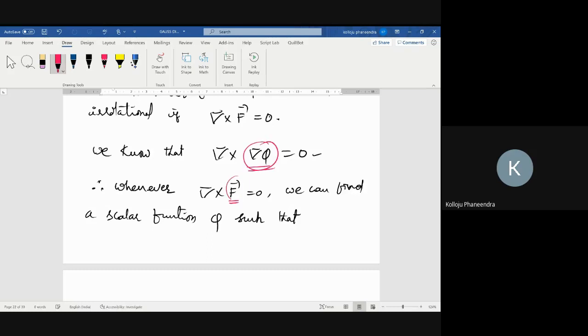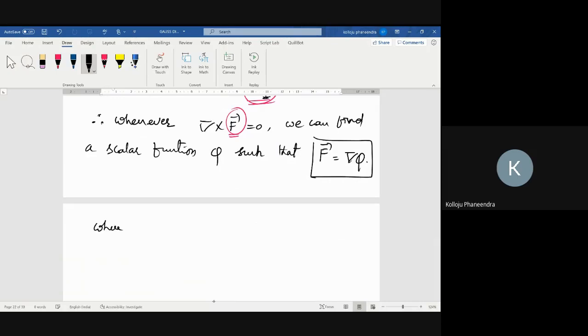So I can find a scalar function phi such that f bar equal to del phi.